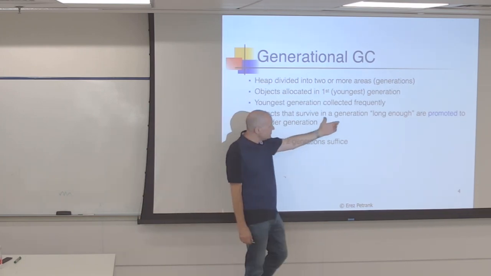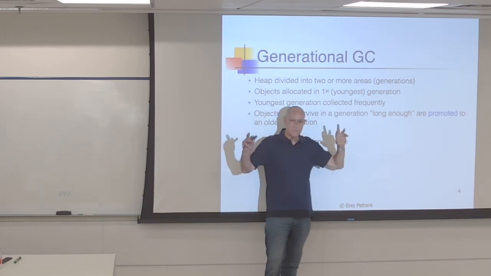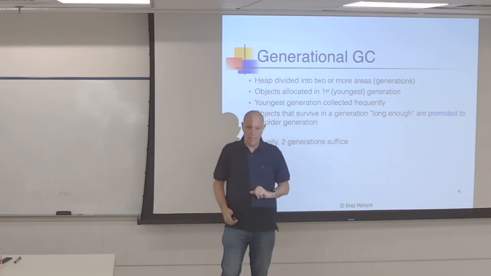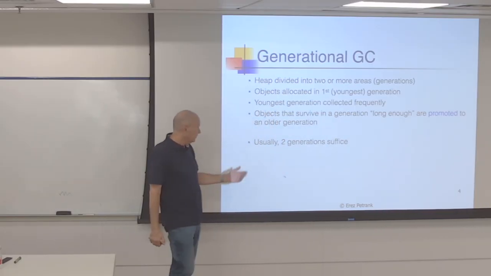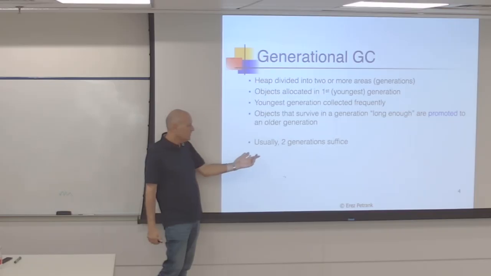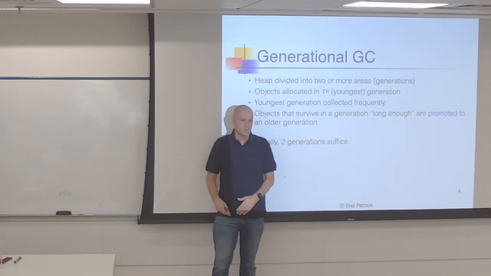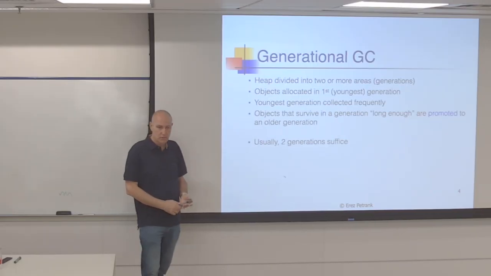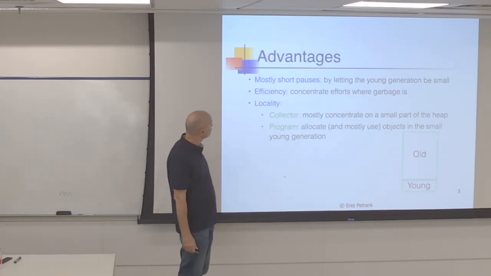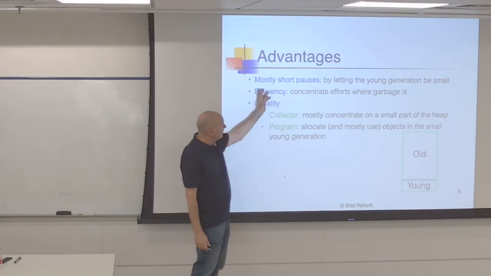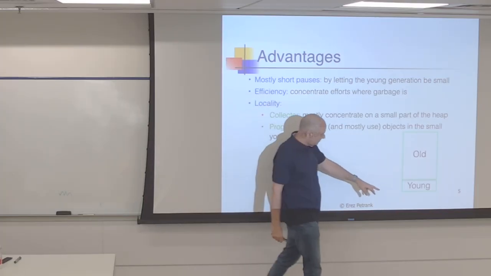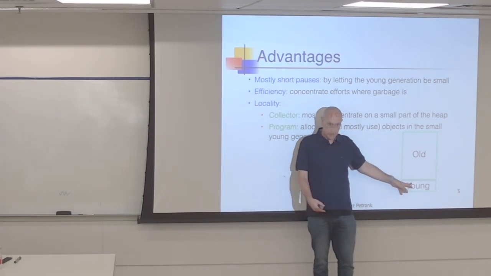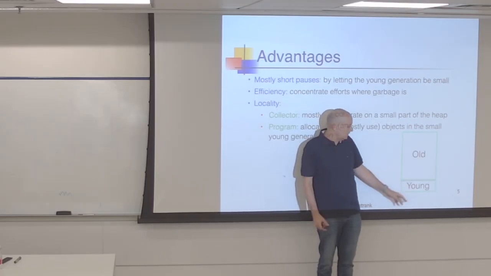Objects that survive in a generation long enough, which is like heuristics, are promoted to an older generation. But usually we just use 2 generations. We have the young and the old, and objects are promoted to the old generation, and that's enough. And the advantages are that mostly we have short pauses because we collect the young generation, which is smaller.